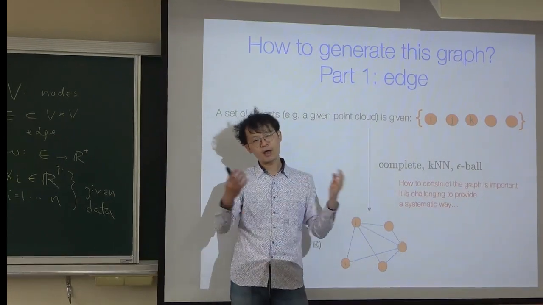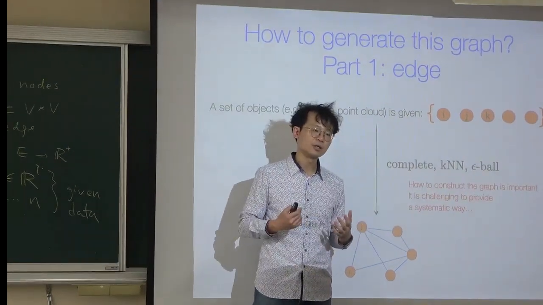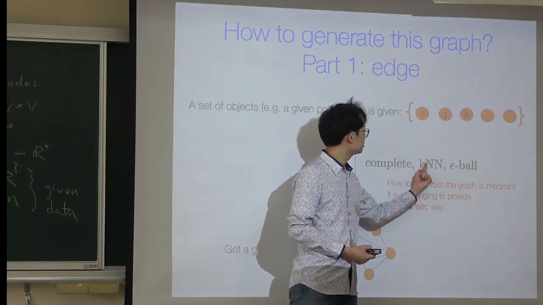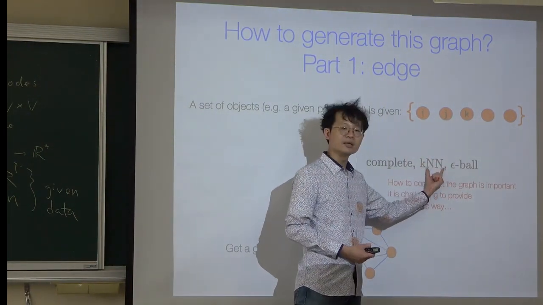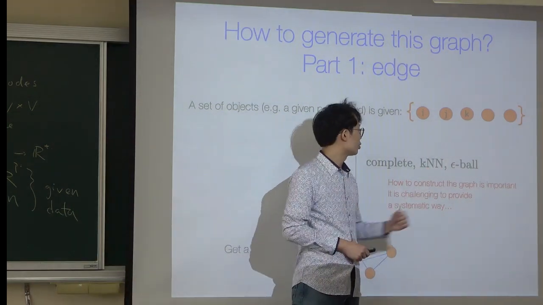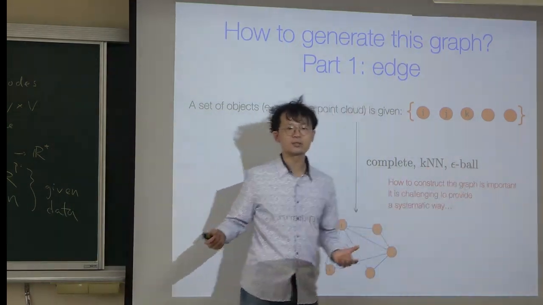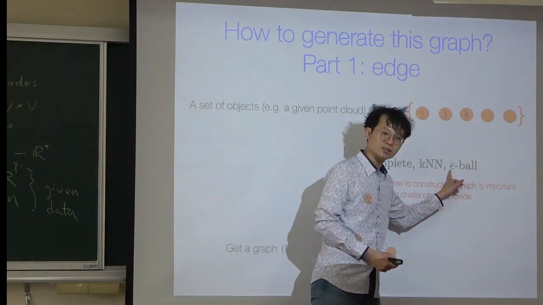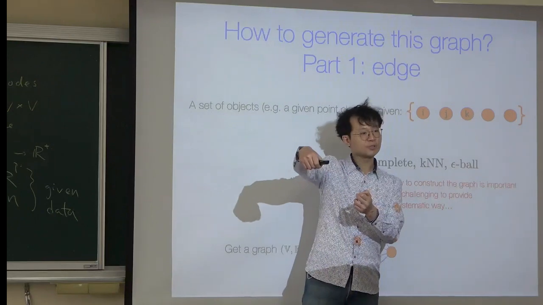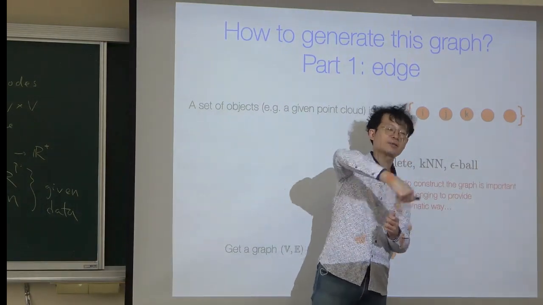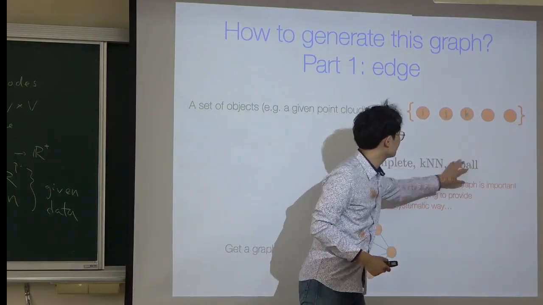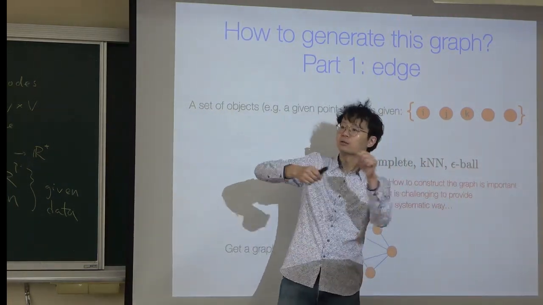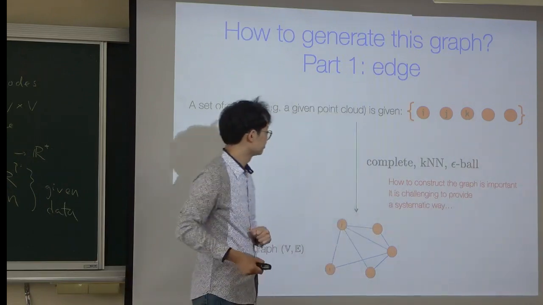You have some kind of metric notion, you know how to compare two points, and for every point, you find the K nearest neighbors and connect them. Or you can say we have a distance, so we determine all the points within epsilon distance, and if a point is within epsilon distance, then I connect them. So you can use different approaches to determine the neighbors and connect the vertices.